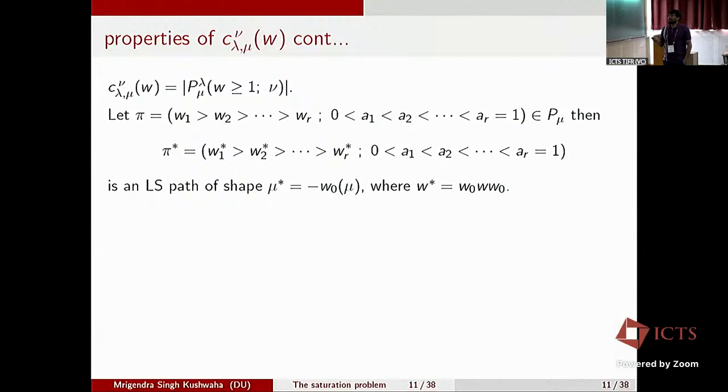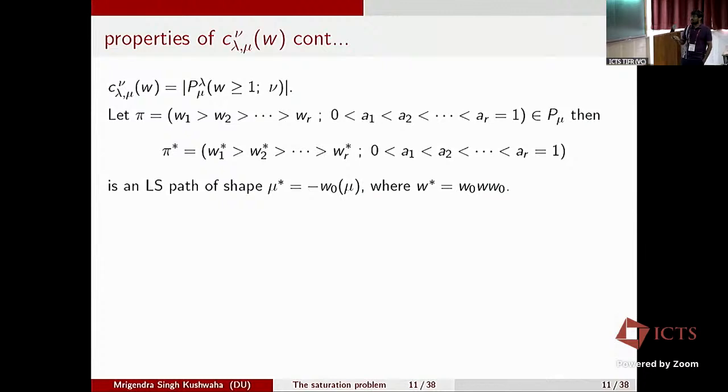Okay, so here is one more property. If I take pi as a path of shape mu, then denote pi star. What is pi star? I am just changing all these W's into star, W1 star, W2 star, where star of any W is just multiplying by W naught on both sides, and this leaves the scalars the same way.